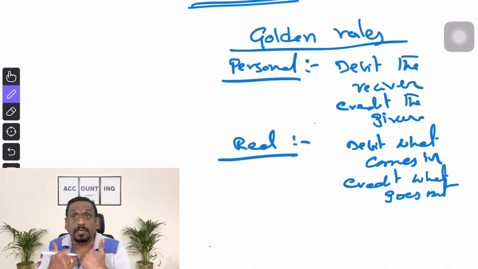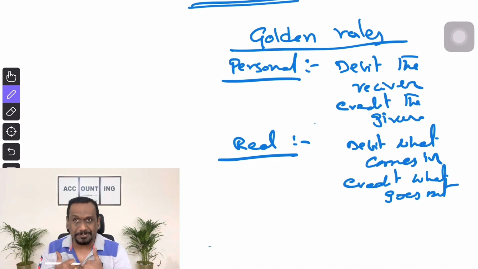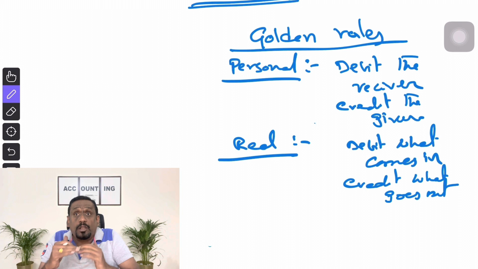Debit what comes in. Comes in is what? Receiving. So receiving aspect is known as what? Debit aspect. Right? So debit what comes in, what I receive. Receiving aspect is debit. Credit what goes out. Giving aspect. I am giving.